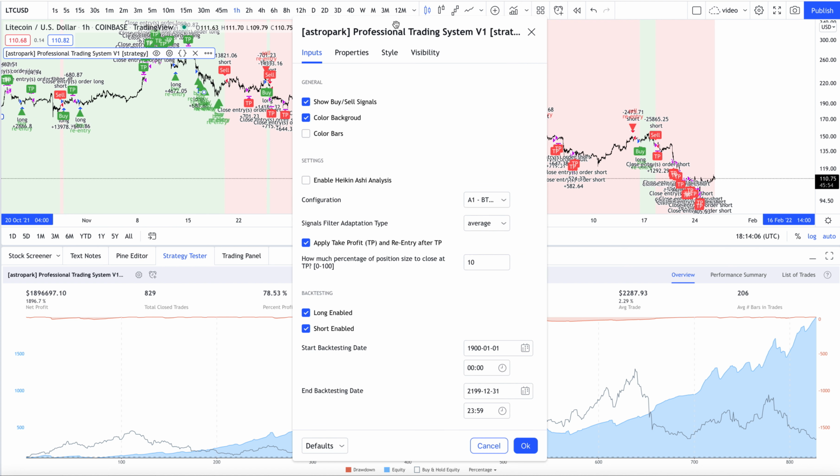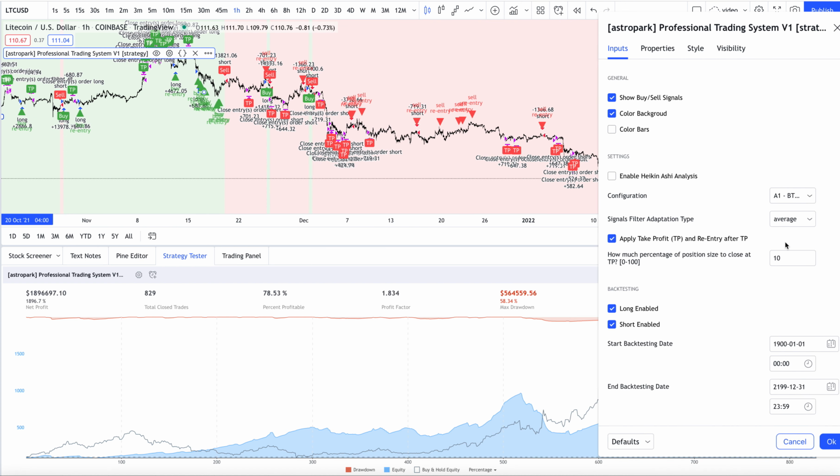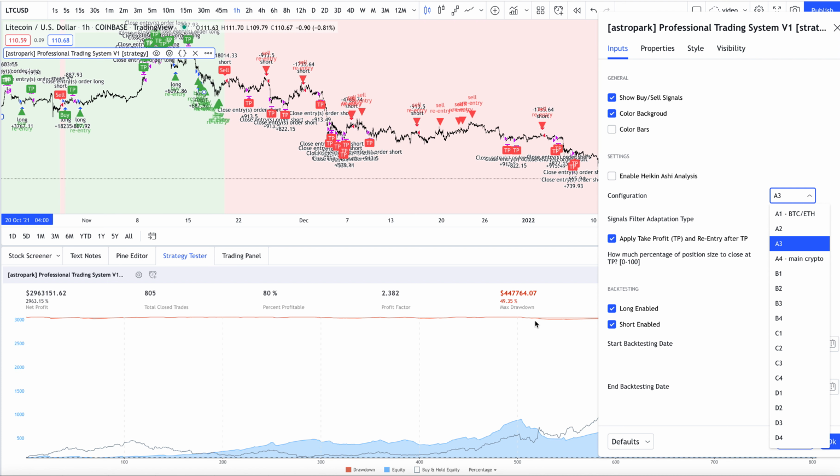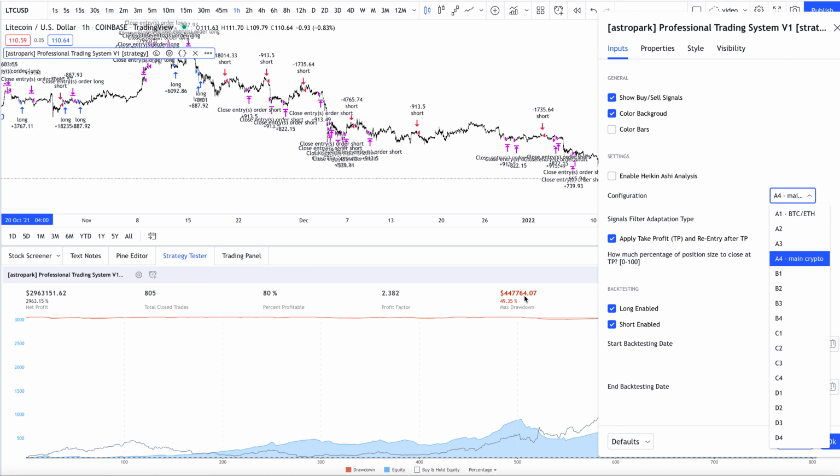So let's see all the configuration again. What I prefer is to have a low max drawdown. Okay, this is what I prefer to look at.